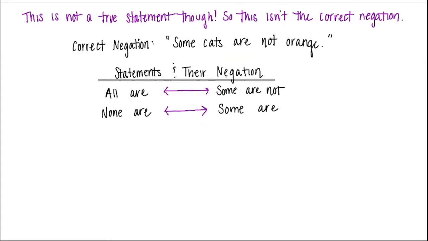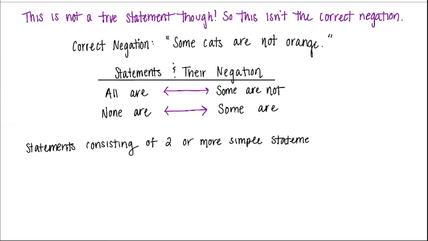So to fit in some more definitions, and then we'll come back to quantifier or negation. Statements consisting of two or more simple statements are called compound statements.